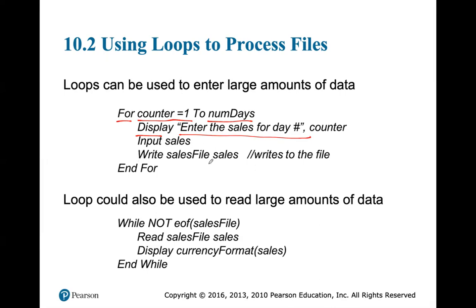And then we're going to take that number and write it to a sales file. So as you can see here, this loop will just ask the user repeatedly, up to the number of days that the sales happened. And then we're going to ask the user over again and again to input the sales for each of the days. And automatically, we're going to write that number to our sales file.